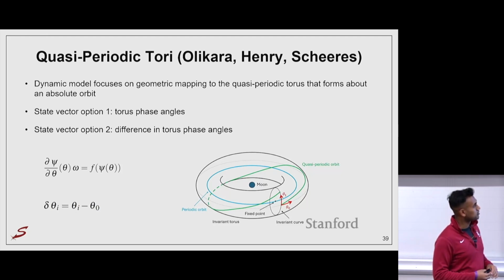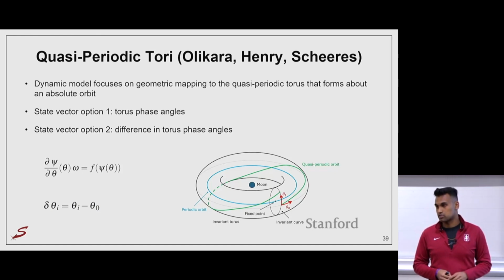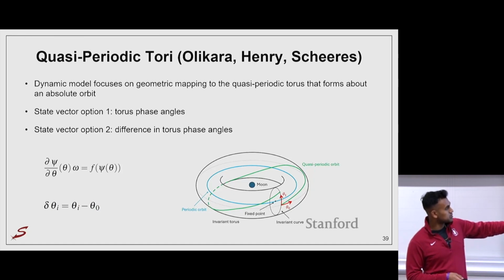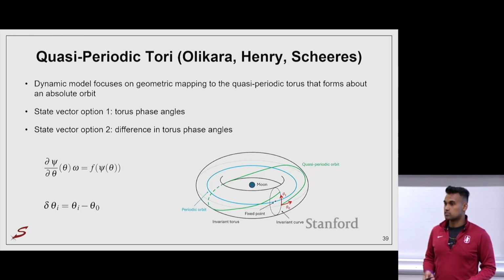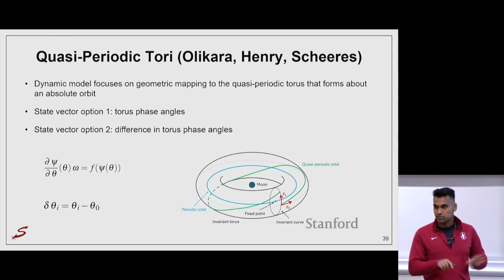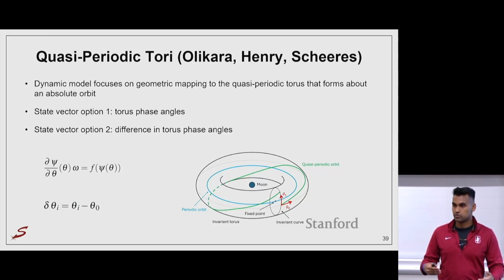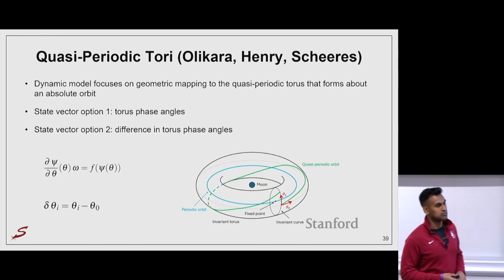And then you could also look deeper at the relative motion, the difference between spacecraft on a quasi-periodic torus, and take the difference between torus phase angles. You have this delta theta as your state vector. So they're relying pretty much entirely on these torus angles to control the separation in the way that they want for their formation.